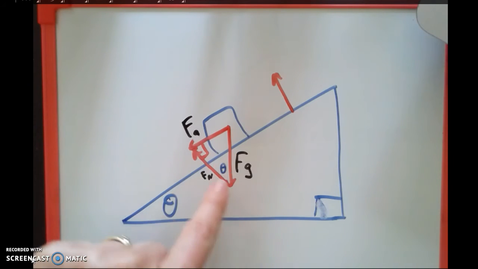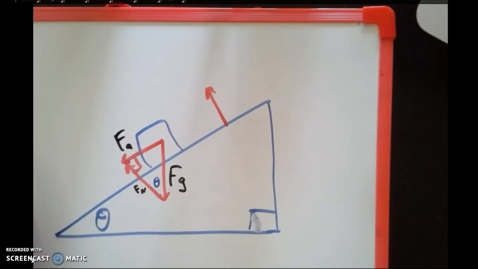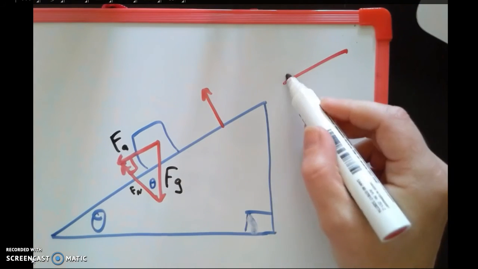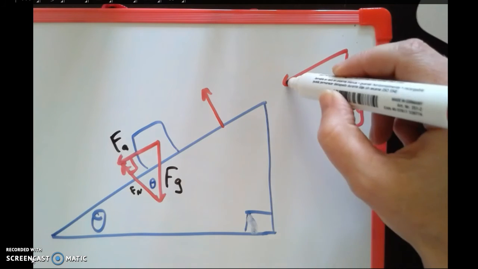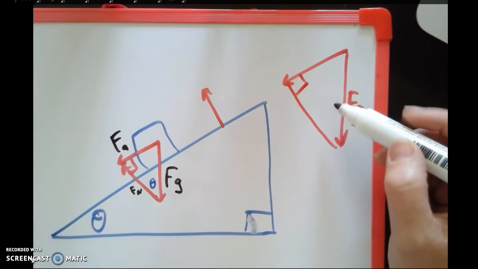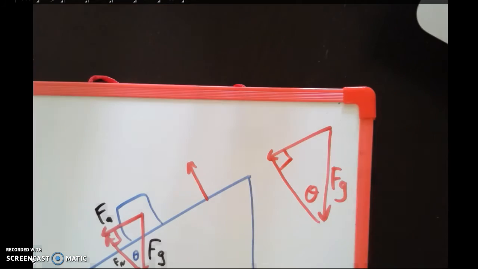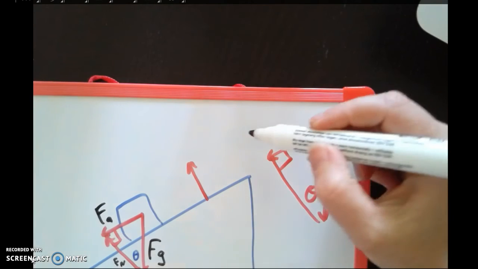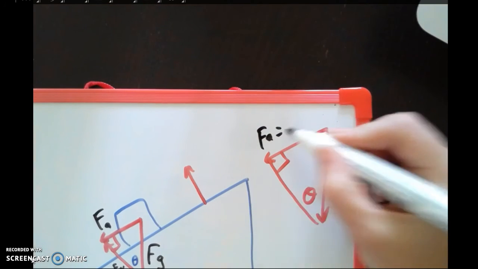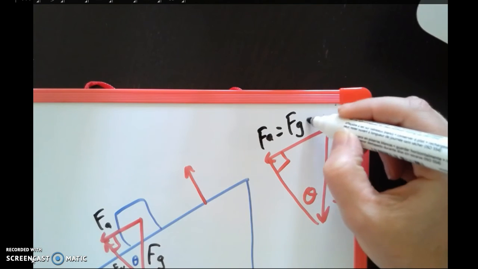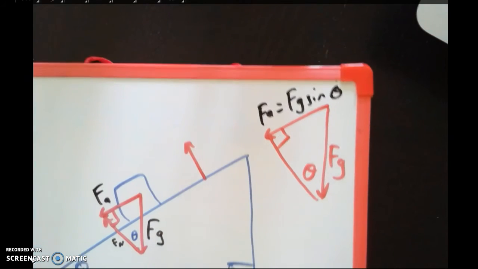And basically we can apply the same rules that we just learnt about how to label the triangle to this new red triangle. So if we think about this new red triangle, and I'll try and draw it over here. If this is FG, and this is theta here, then this FA that we're trying to figure out, well, it equals FG sine theta, just like in our last one.